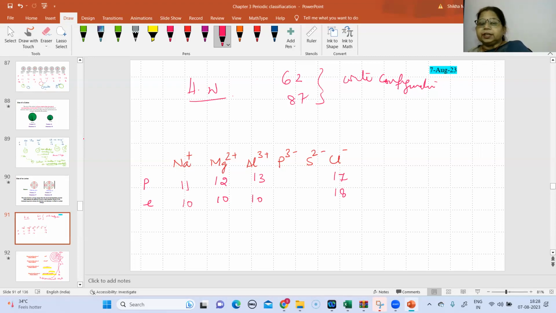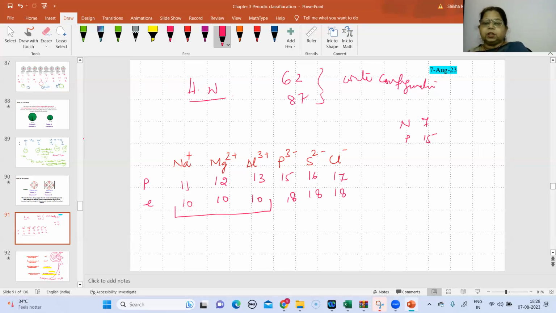Because it has got a negative charge. Now, what about sulfur? Its atomic number, as I told you, is 16. 2 minus means 18, right? Phosphorus, atomic number 15. It's after nitrogen, so if nitrogen is 7, it will be 15. And this is 18.